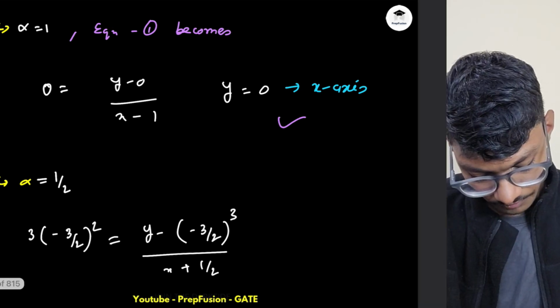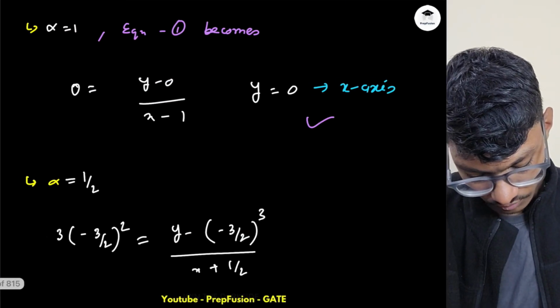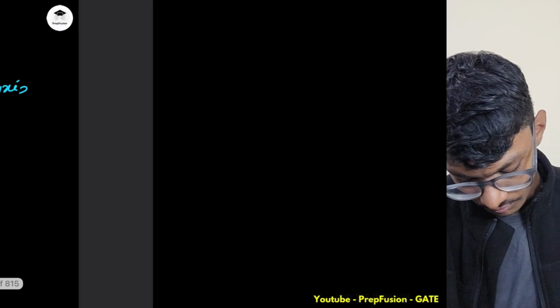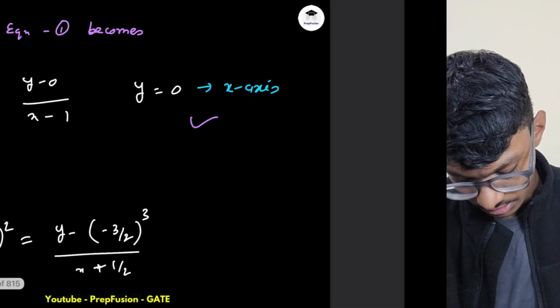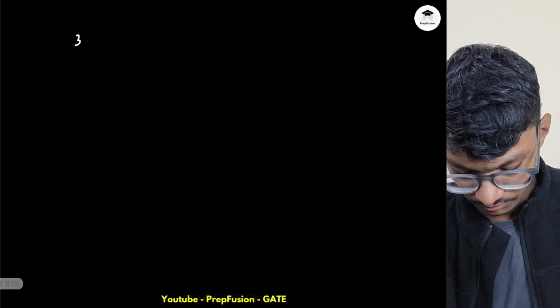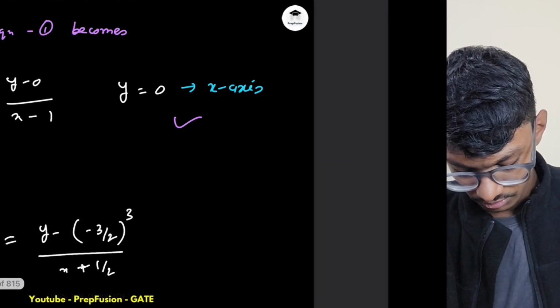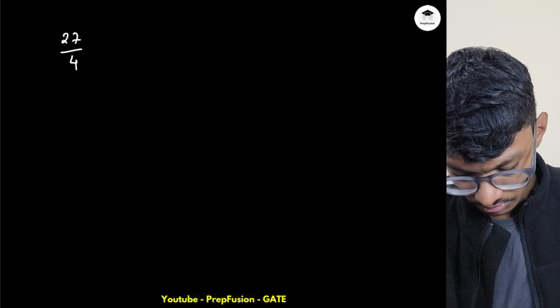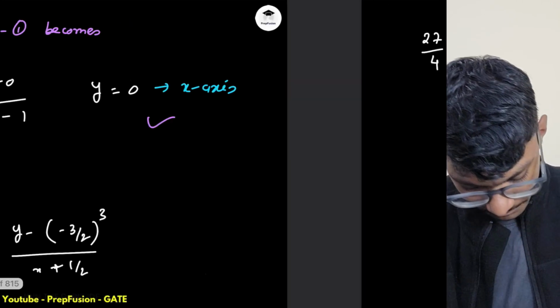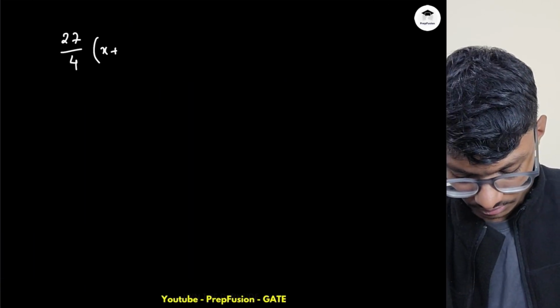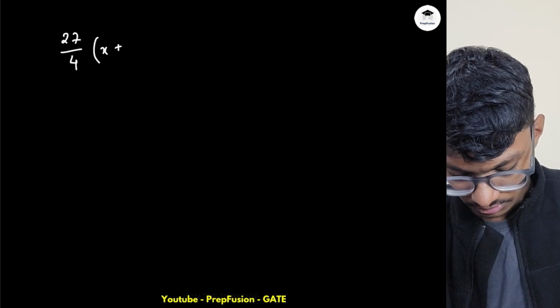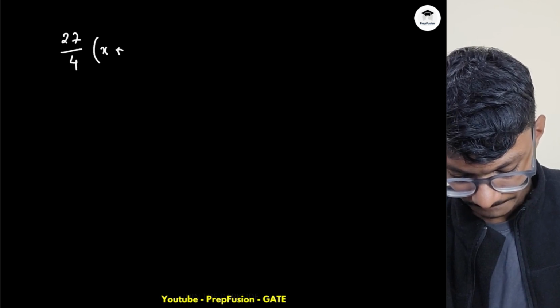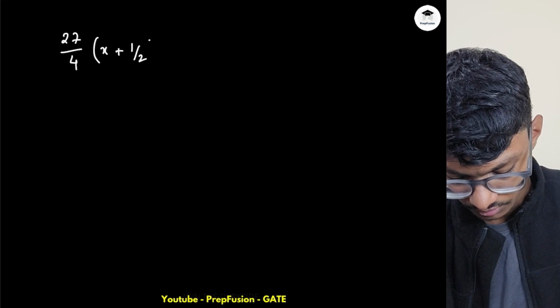Now if I further solve this, what will happen? This is 3 into 1 by 4, which is 3 by 4, into x plus 1 by 2.